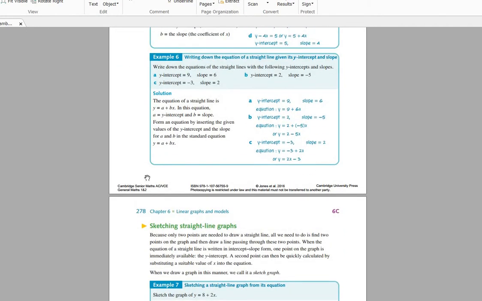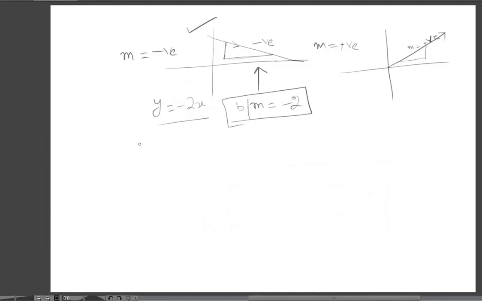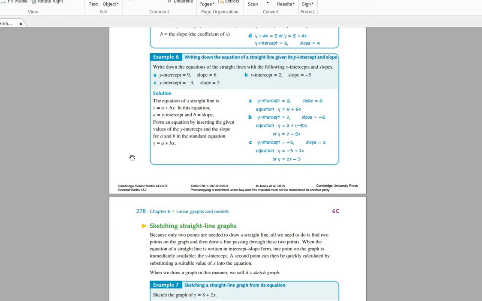Now you might have a question where the value of slope and the intercept are given to you, and you're asked to find the equation of the straight line. For example, question number 6, part A: intercept is 9, slope is 6, and you're asked to find the equation.